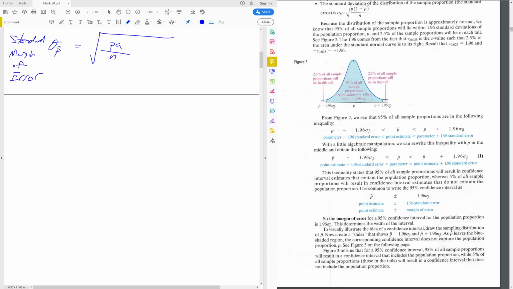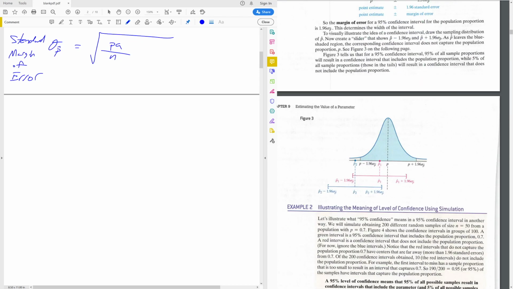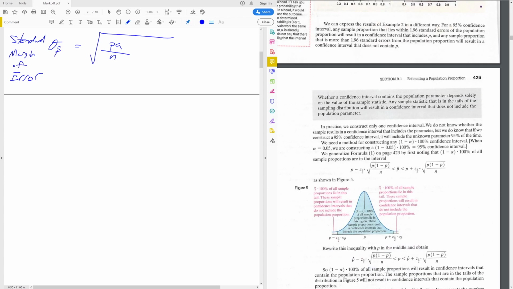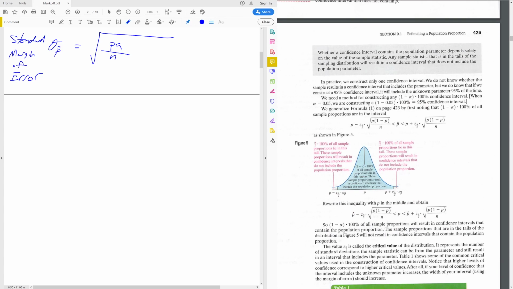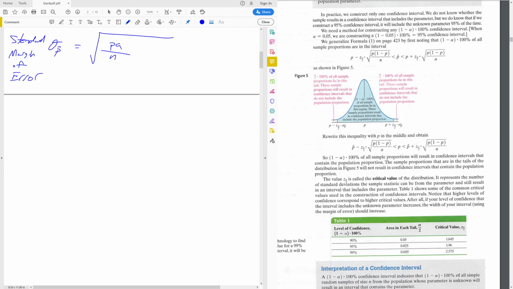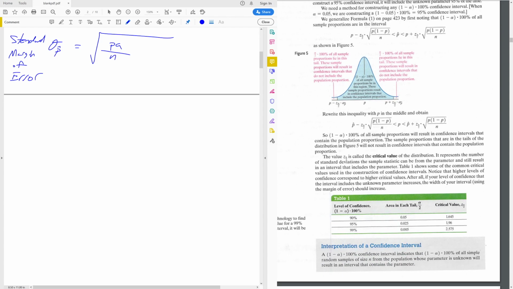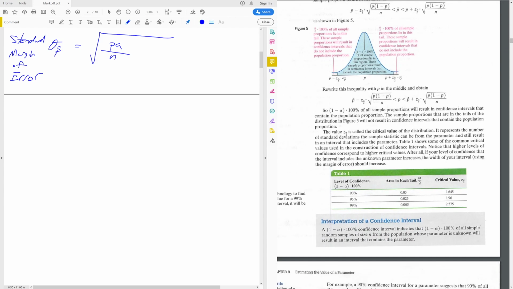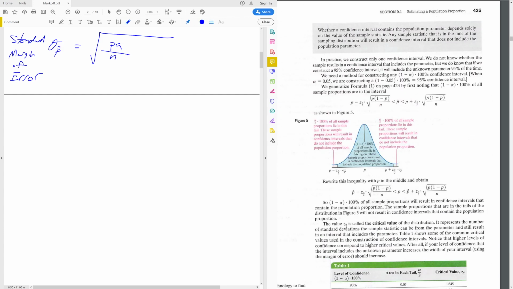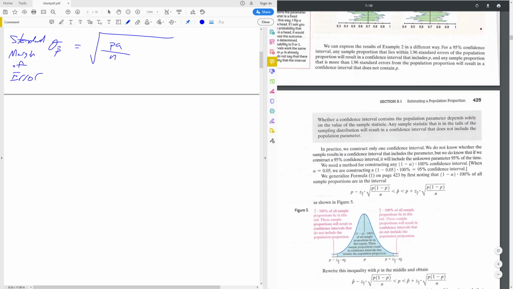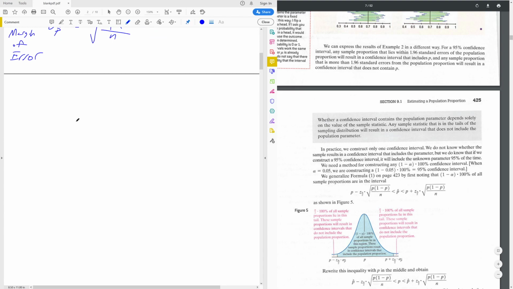To come up with the entire interval, what we do is we're going to add and subtract this value from our point estimate. So the book goes into all this different stuff. Let me give you the formula here. So let's just put our formula here.